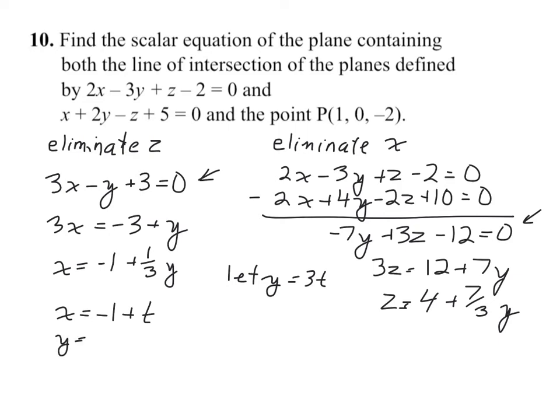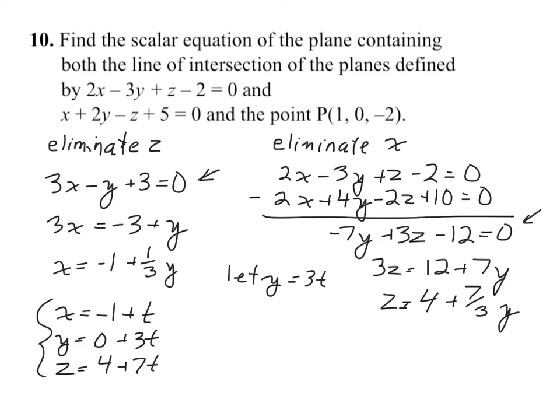The y equation is, of course, 0 + 3t. And then my z equation is going to be 4 plus, subbing in the 3t, cancels with the 3, so just 7t. Okay, so we've got the line of intersection.